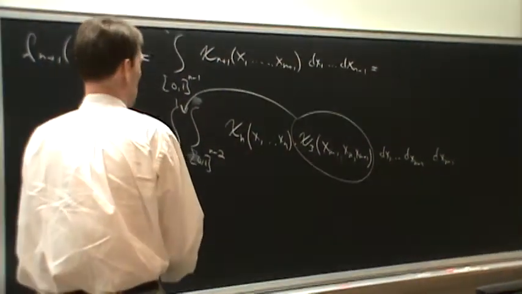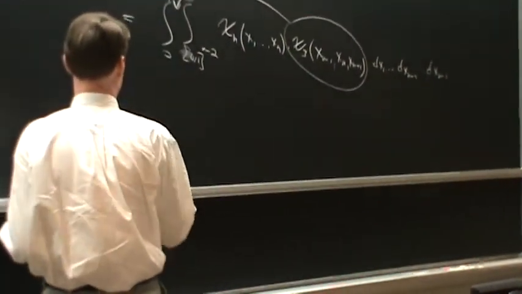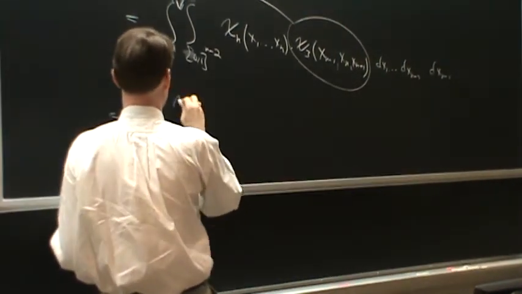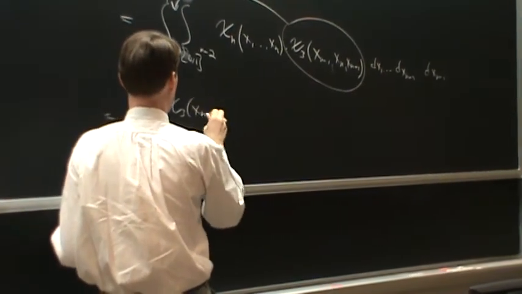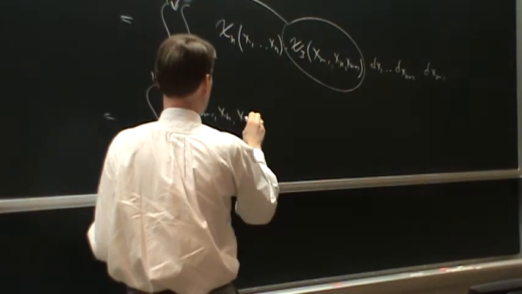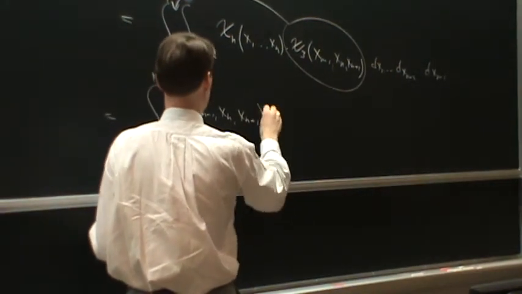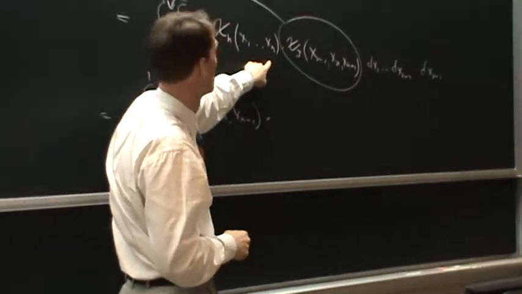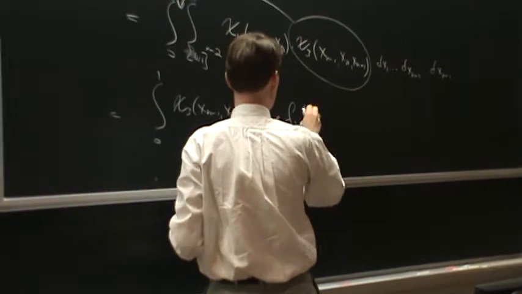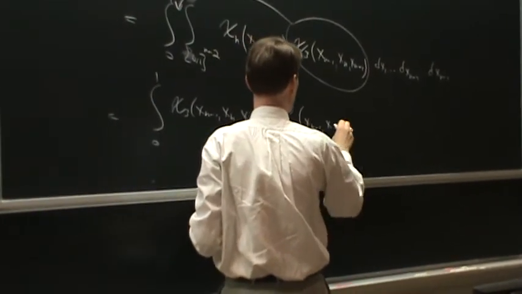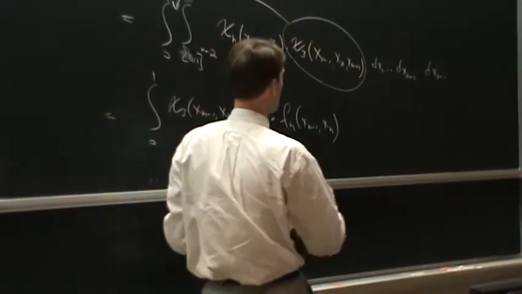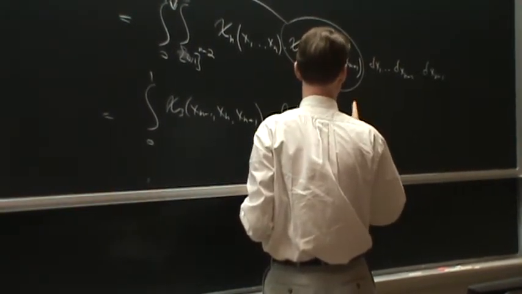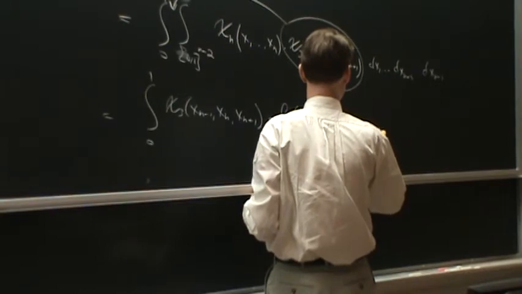So we get the integral from 0 to 1 of chi phi x(n-1), x(n+1) times, and now you see what's left. That's just the function fn of the previous two variables, dx(n-1).